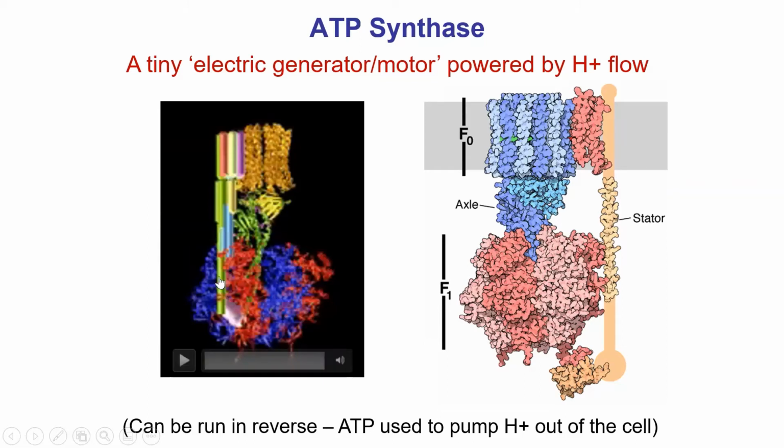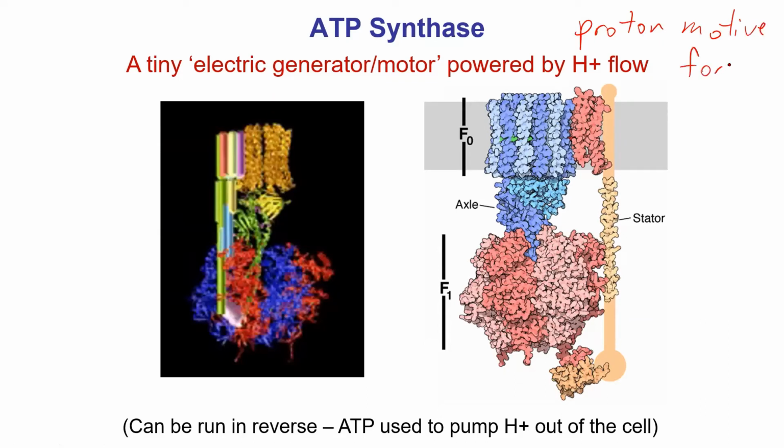This one shows a little bit of motion, and I think I showed you this image before, just as an example of an enzyme that has quite a number of different subunits, at least 15 subunits. So two things to say about this. First of all, we already talked about something else that uses the proton motive force and causes rotation.